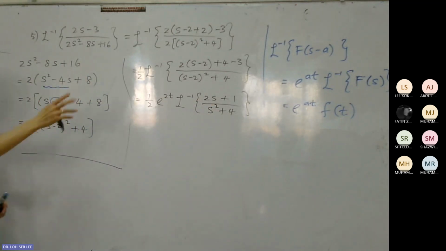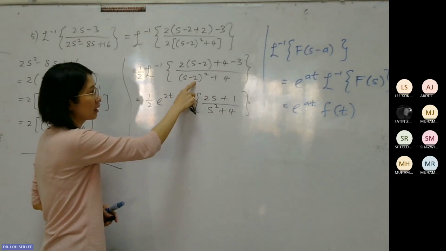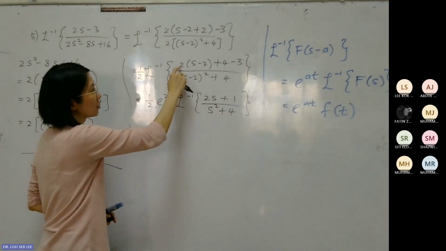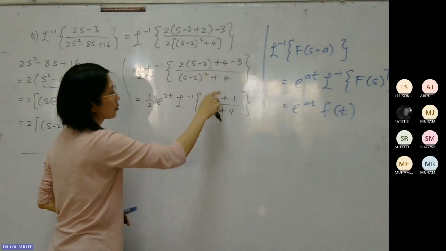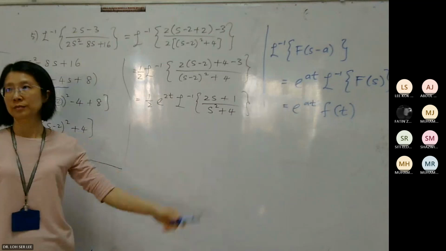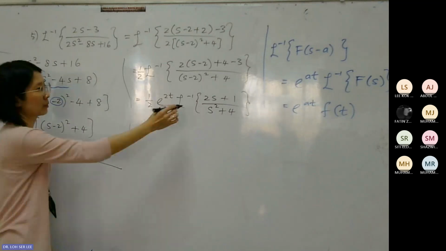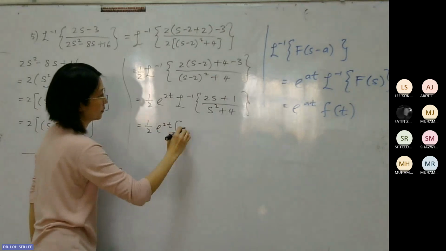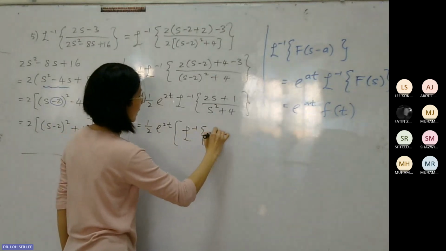Okay, because we have taken out the minus 8. Okay, no more a, take out the a, so you have only s. So 2s plus 1. Okay, then separate this into 2. Separate this one into 2. Give a big bracket. Okay, separate.